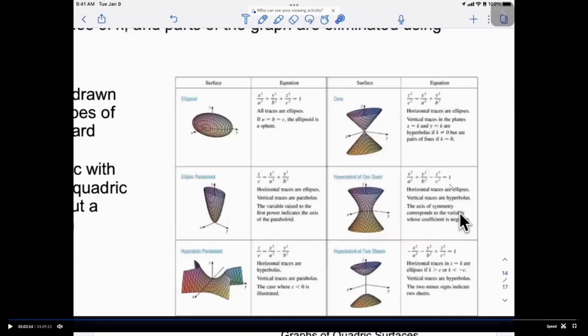And then this is a hyperboloid of one sheet. And this one is of two sheets, with a minus sign. So if you look at the equation, you can actually get them into one of the categories. By looking at the equation, you can recognize what the surface will be.